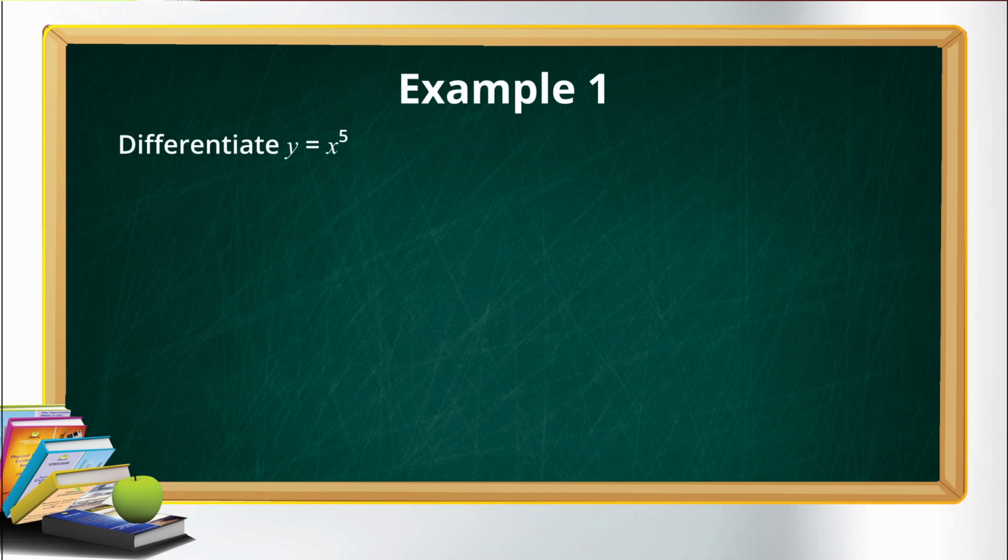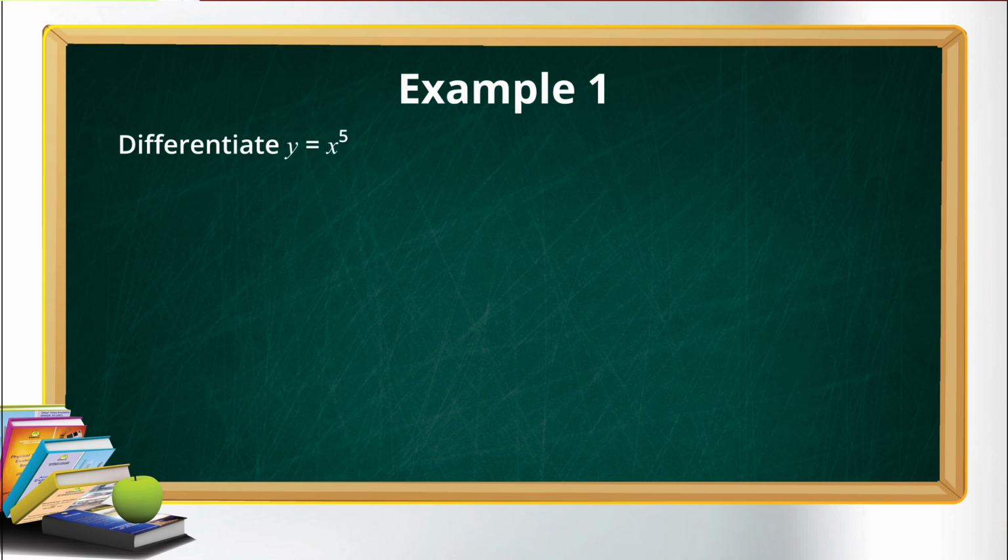Differentiate y is equal to x to the power of 5. So let's use the power rule and find the derivative function of y is equal to x to the power 5. Remember, there is a 1 in front of x power 5. So y is equal to 1 times x to the power 5. Multiply the exponent 5 by the coefficient 1 to get 5.